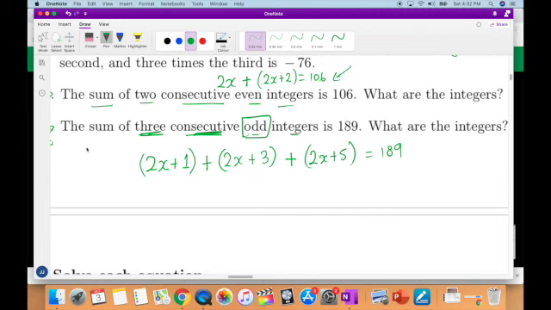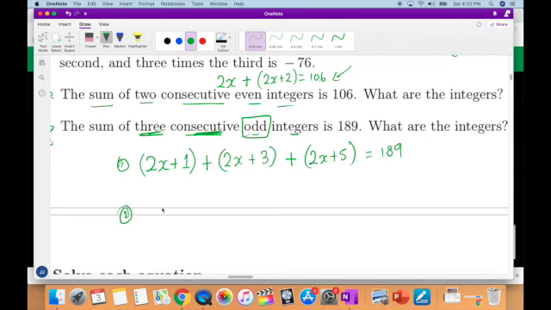Good. But guess what? There is more than one way to figure out this one. There is another way, and I'm sure one of you was thinking about it. So this is the first way and this is the second way.